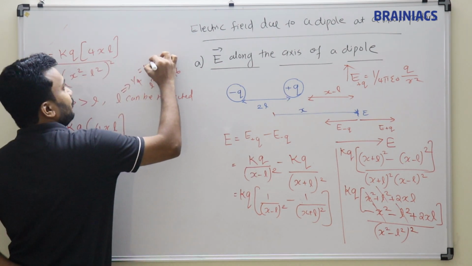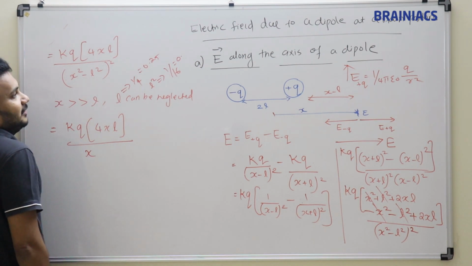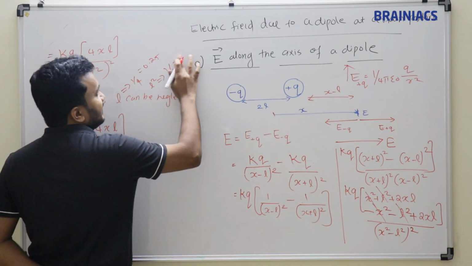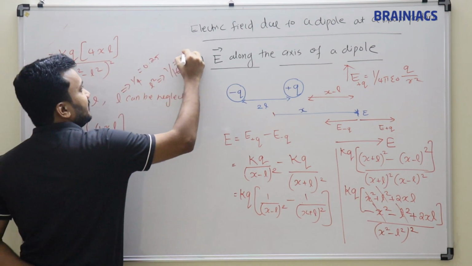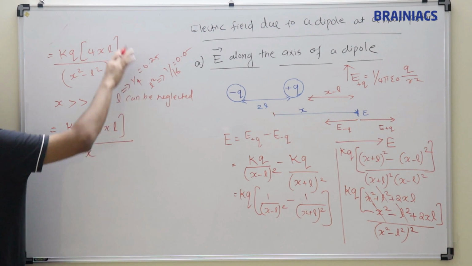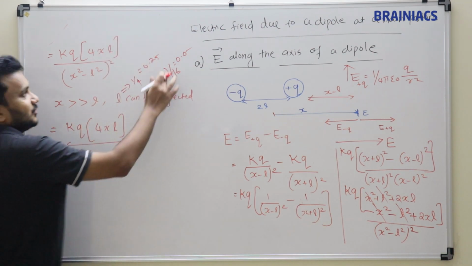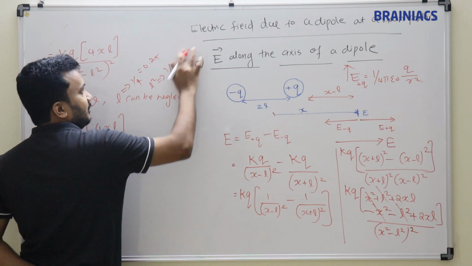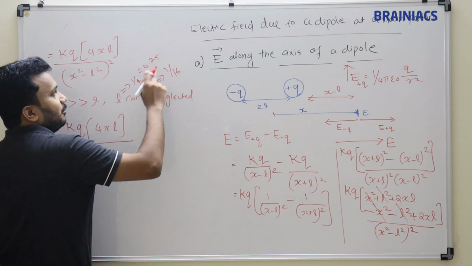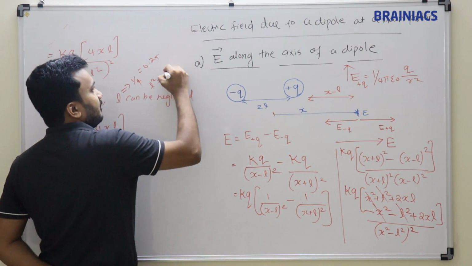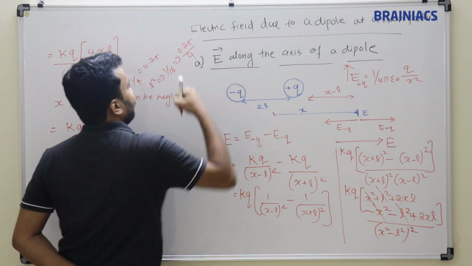This is 0.25, right? And 1 by 16 means 0.0 something, within 100. So it is further very small, which means almost 0. 1 by 16 can be written as 0.25 divided by 4.